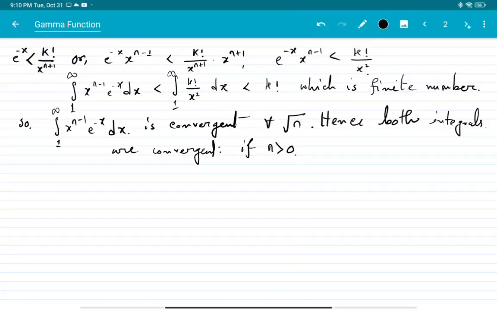Therefore this integral from 0 to infinity of x to the power n minus 1 e to the power minus x is convergent.